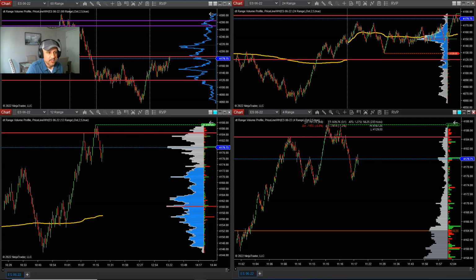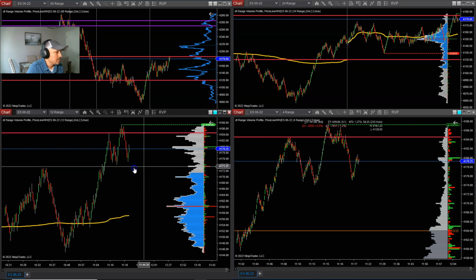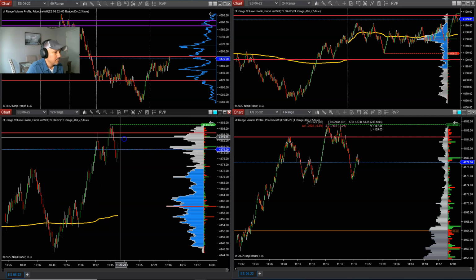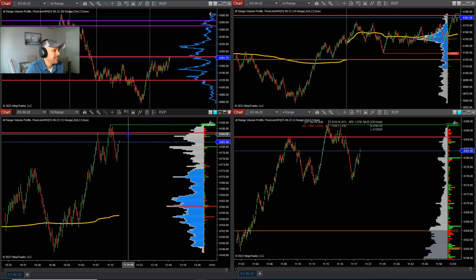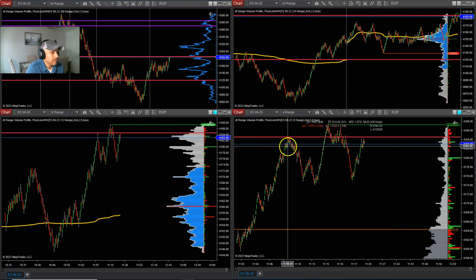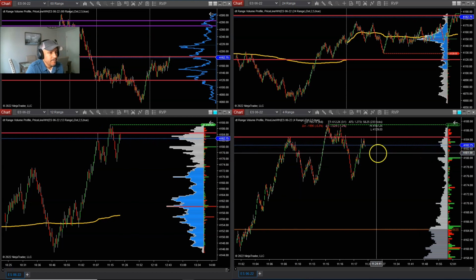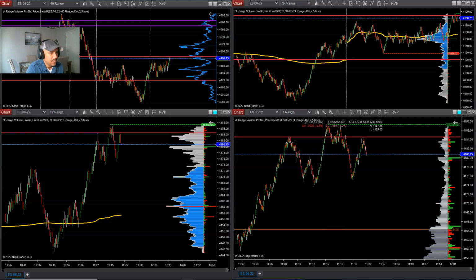All right. Let's see. So yeah, let's wait to see what price does when it pulls back to this area here. All right, so we're tapping back into this area. It's going to come down here.